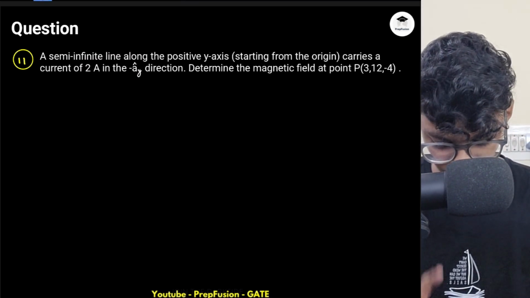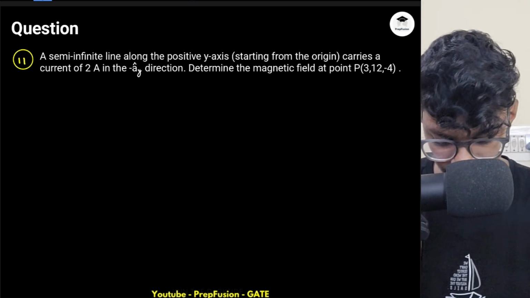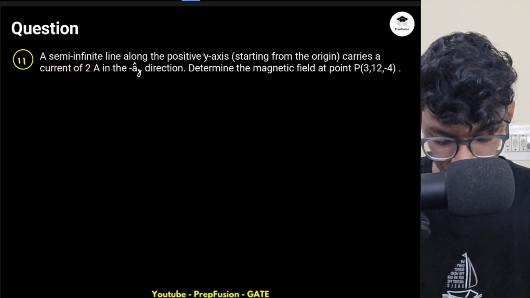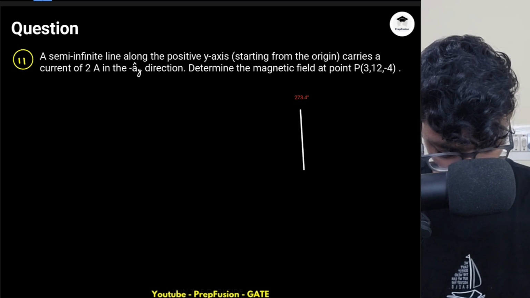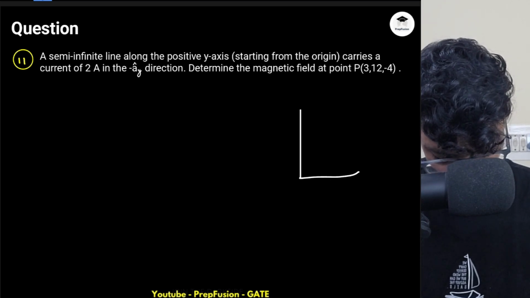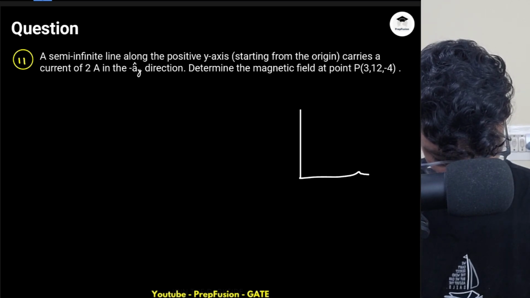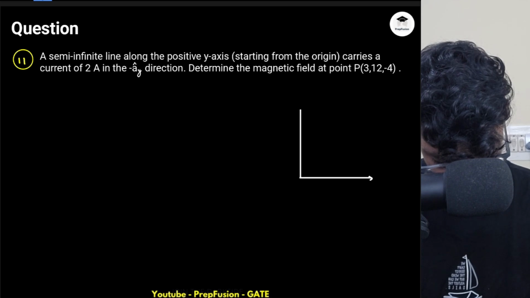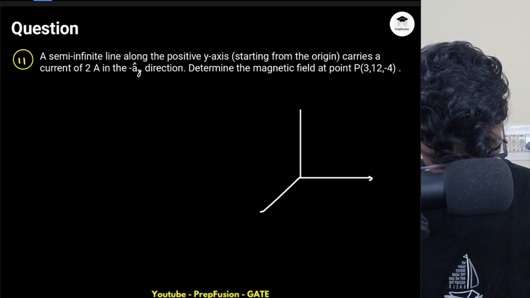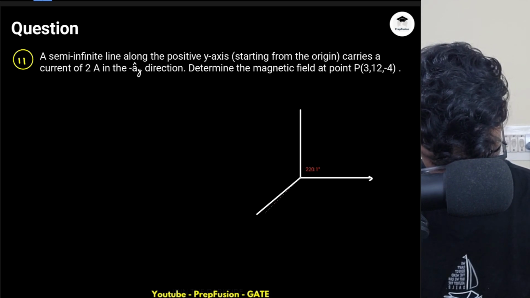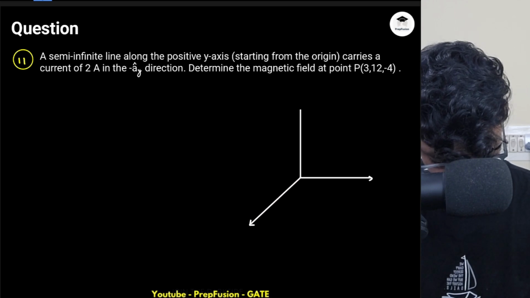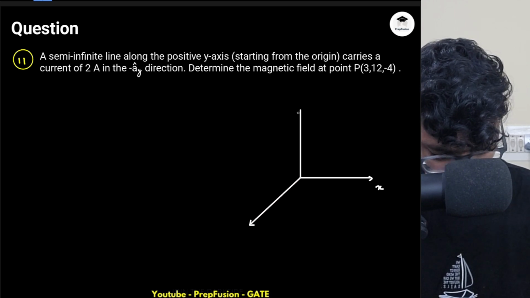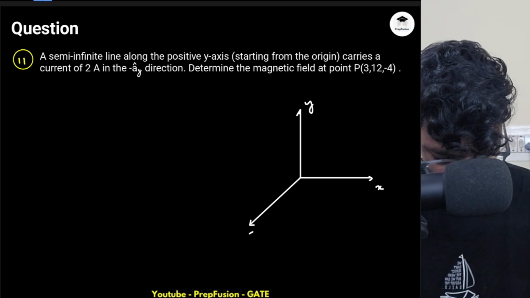First of all, they have told me that the current flows in the minus a_y direction and it's a semi-infinite line along the positive y-axis. So if I draw the XYZ axes, here let's say this is x, this is y, this is z.